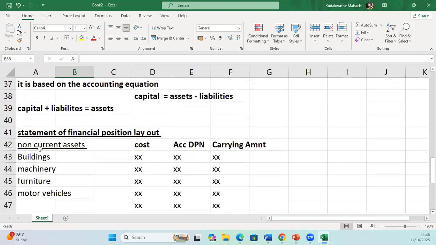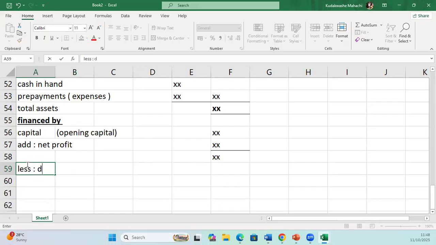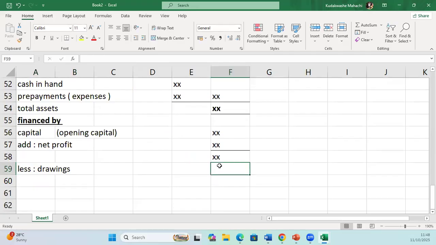So now we're done with the capital. The profit increases capital, and the drawings reduce capital. So we deduct drawings. When you take goods for personal use, it's reducing your capital.